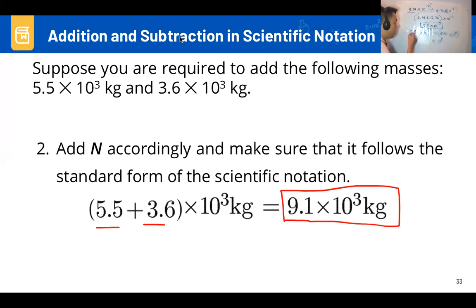And then we will just copy this and this. 7.82 plus 8.95. Add, the answer is 16.77 times 10 raised to 8.